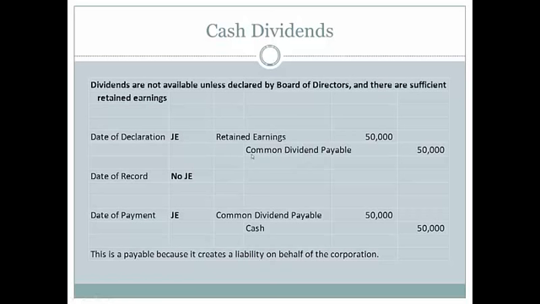And since it creates a liability, it's going to be credited to common dividend payable to demonstrate to those that are reading the financial statements that $50,000 will be taken out of retained earnings, and it represents a common dividend payable, a liability. Now, the date that the board of directors declares the dividend, they have to wait until they know for certain who owns that stock.